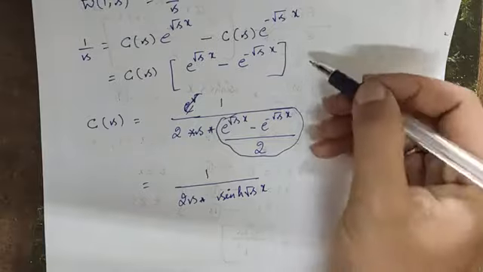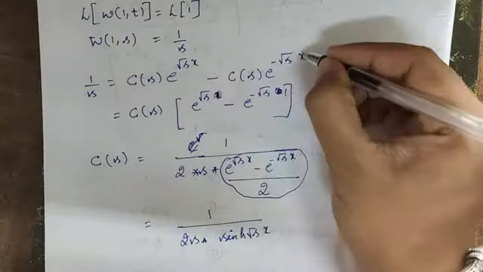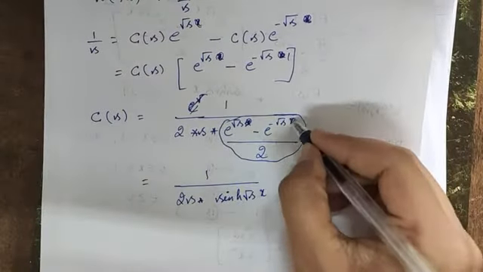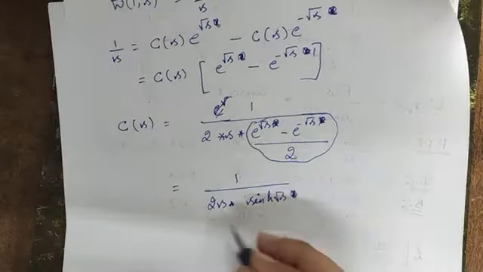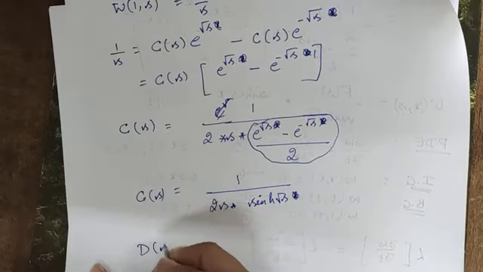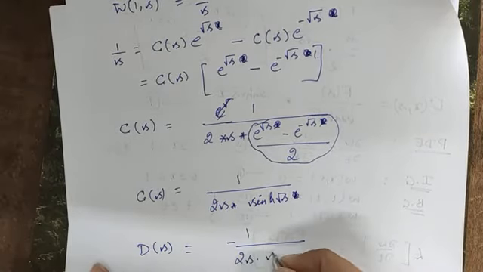Oh sorry, I have to apply x is equal to 1, right? I will get sine hyperbolic root s. This is my c of s. So d of s will be minus 1 over 2s into sine hyperbolic root s.